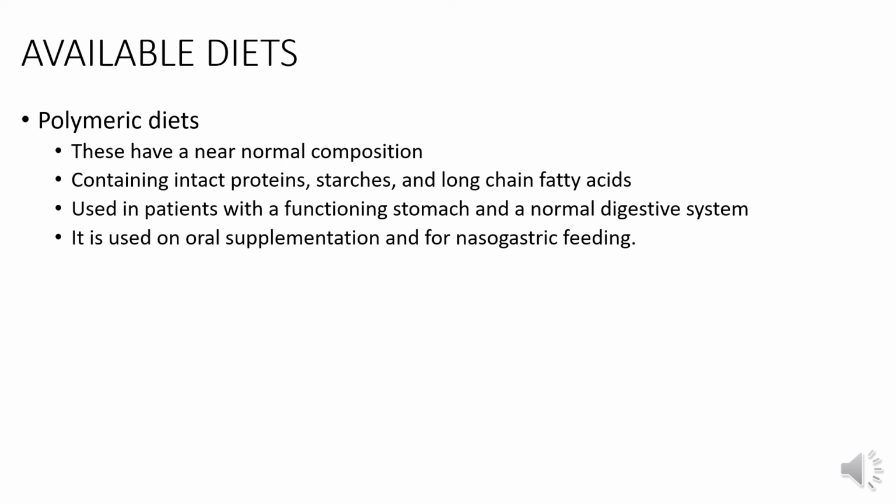So it's still the normal food we eat, like our eba, soup and meat. But in this case, it is blended and made into liquid form so that it can be passed through the tube. It could be given through the mouth as oral supplementation or for nasogastric feeding, passed through the tube. Now, this has to go to the stomach first because the main digestion begins from the stomach.